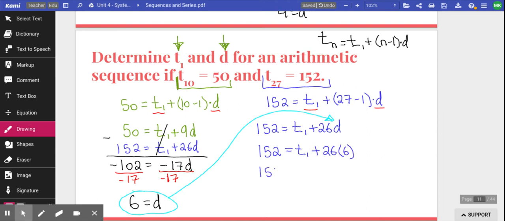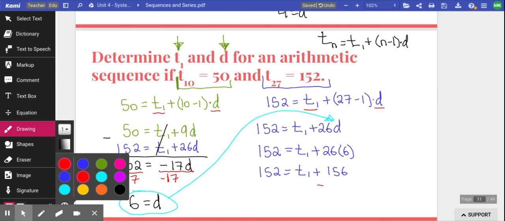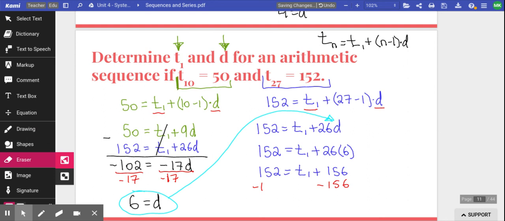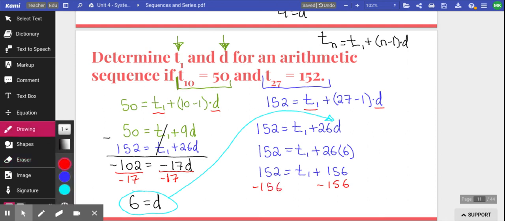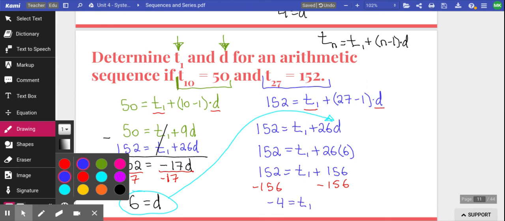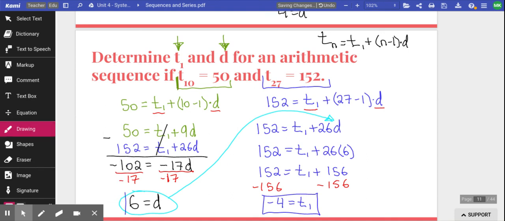That means I have 152 equals T of 1 plus 156. If I subtract 156 from both sides, I get negative 4 equals T of 1. And that is my second answer. So my two answers are D equals 6 and T of 1 equals negative 4.